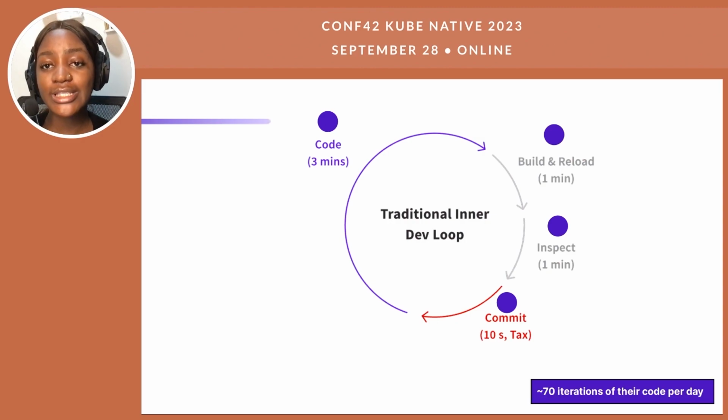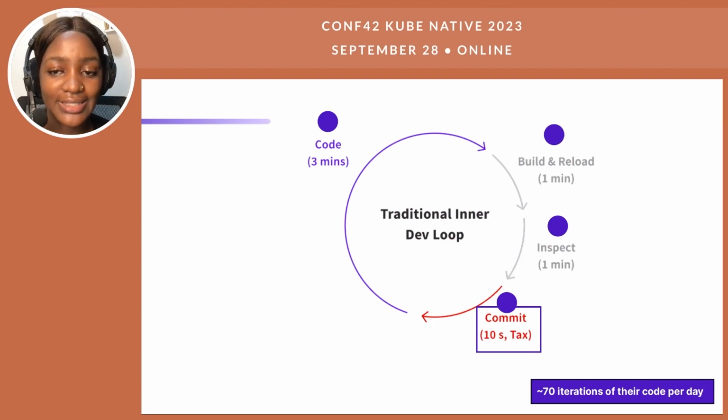If you break this down, in this formula that we've created, that developer would be able to make at least 70 iterations of their code per day. And the only developer tax that they will pay here is the commit time, which is actually negligible because it just takes 10 to 20 seconds or less, depending on how detailed you want that commit message to be.